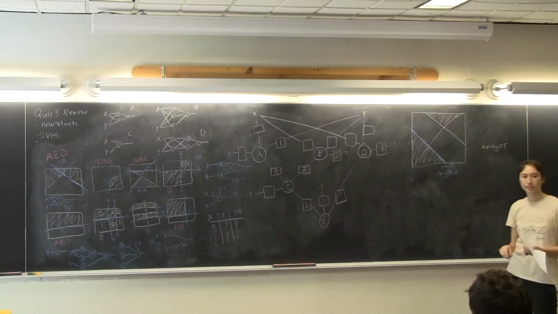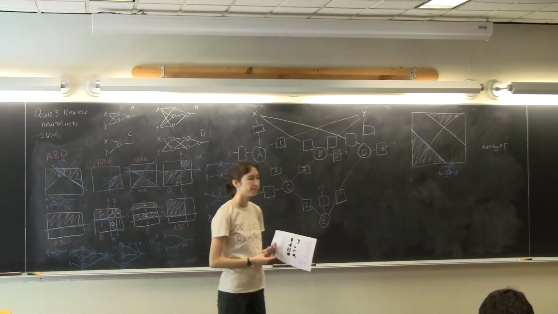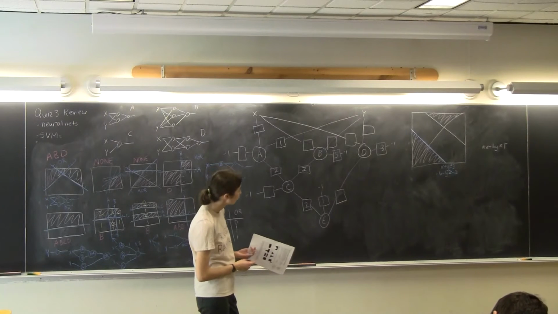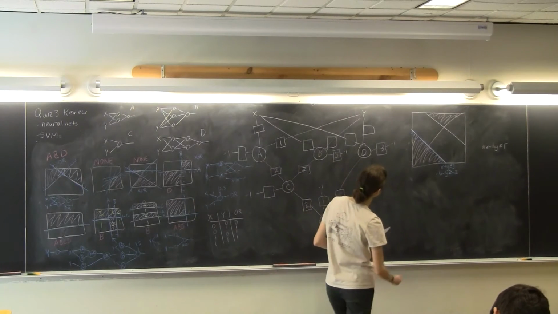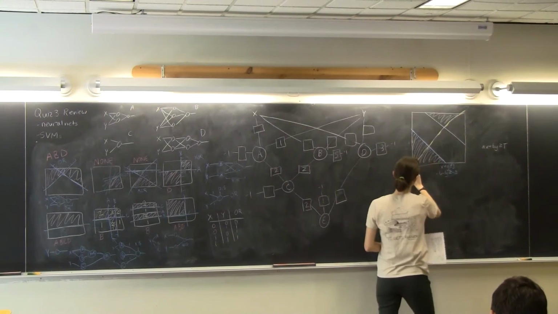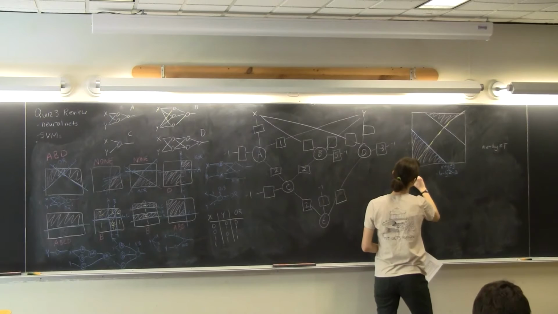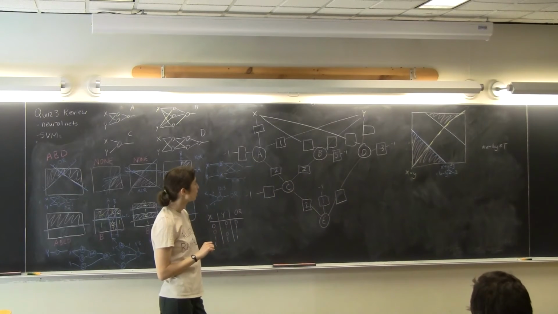So what's another line? X equals y. So that's this one. We want x is greater than or x is less than y. Which side should we shade?